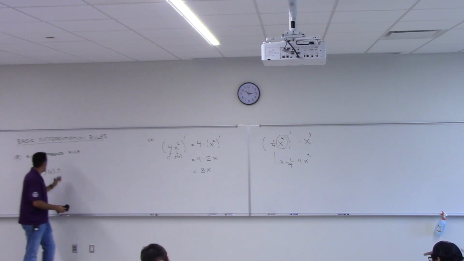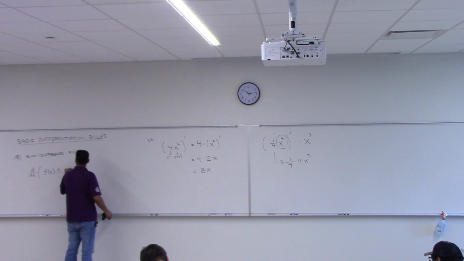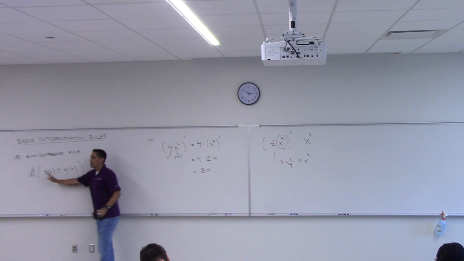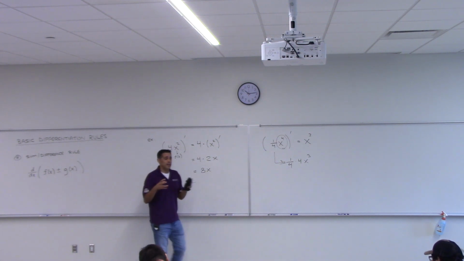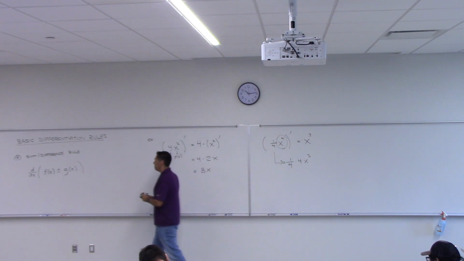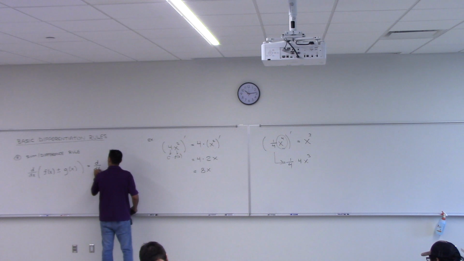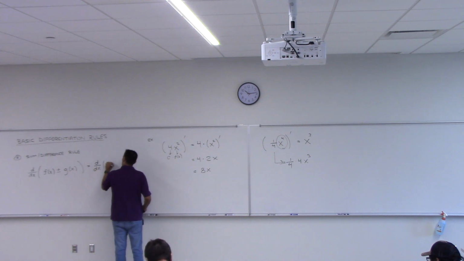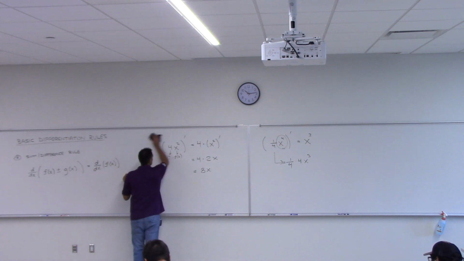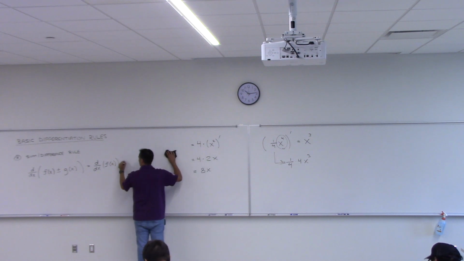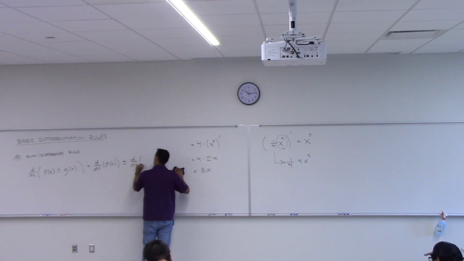In either case, and you're adding or subtracting some other function g. So you got 2 different functions that you're either adding or subtracting. This rule says that you are allowed to take the derivative of each of them separately. Okay, you're allowed to differentiate them separately and just add or subtract the 2 answers.